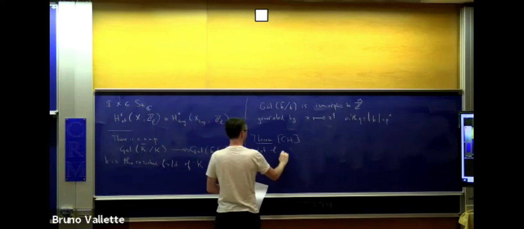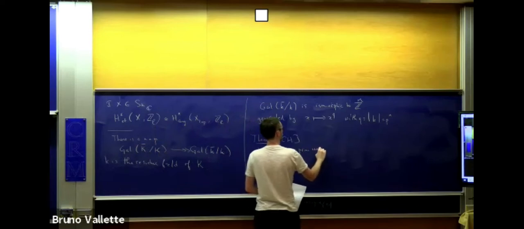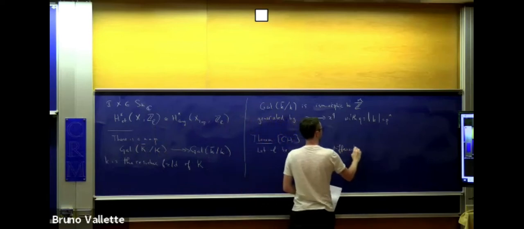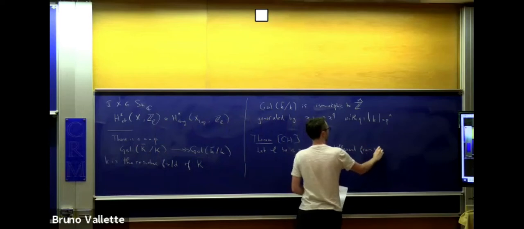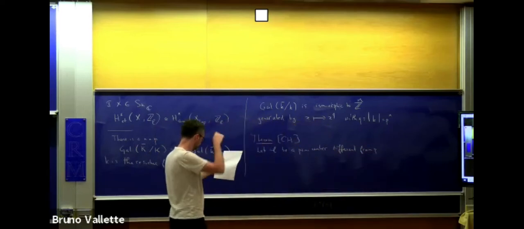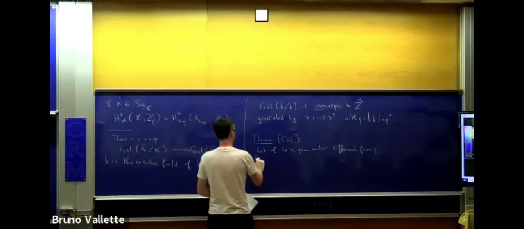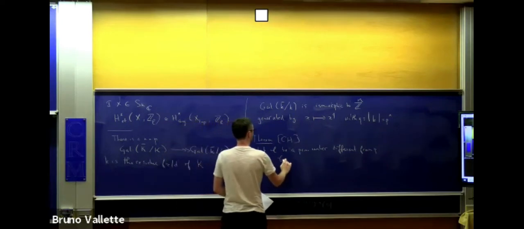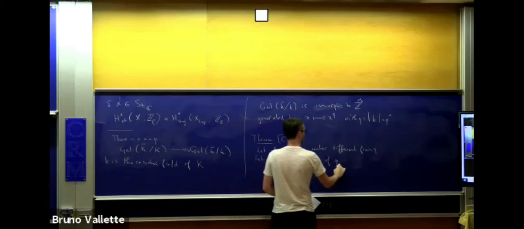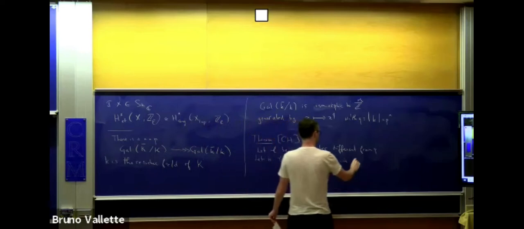So let l be a prime number different from p. Let h be the order of q in F_l.